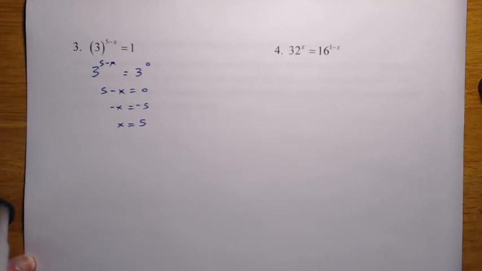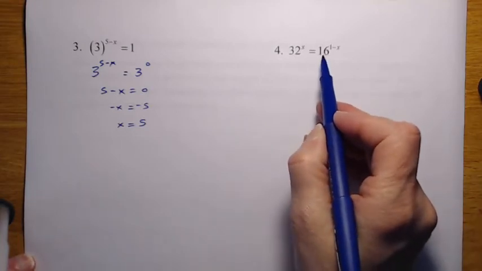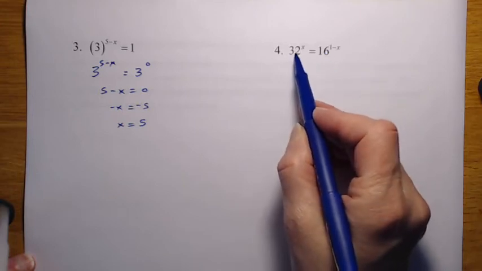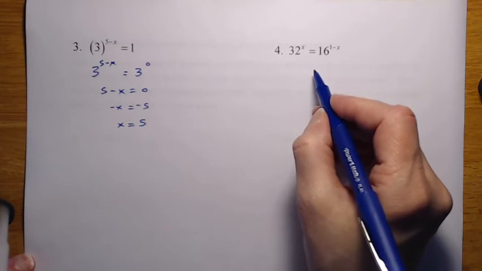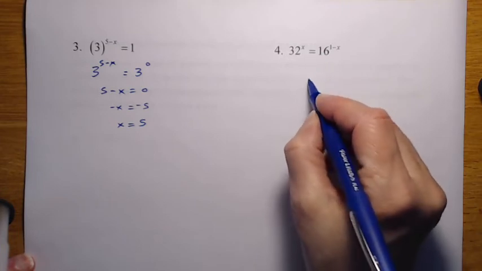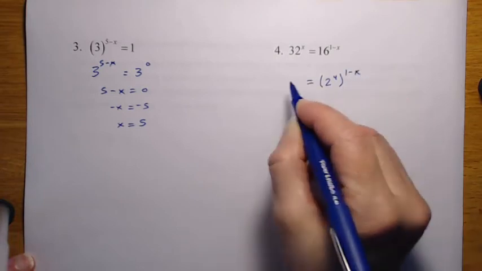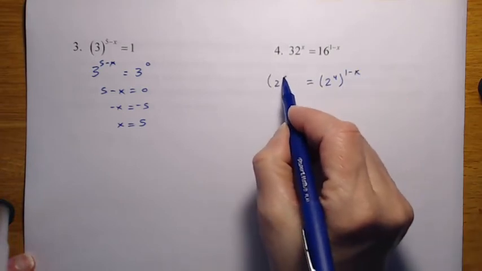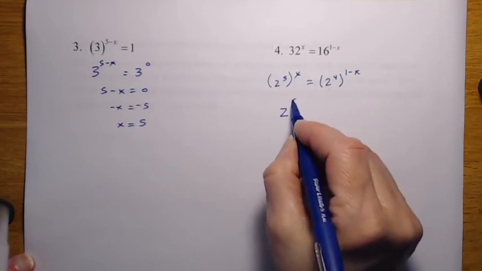And then just one more, 32 and 16. Again, it might be tempting to think 4, because 16 is 4 squared, but remember 32 is not 4 to a power. So it's a little bit easier to call these both base 2. So remember 16 is 2 to the 4th. 32 is 2 to the 5th. And we have to clean up these exponents, but power to power we multiply.